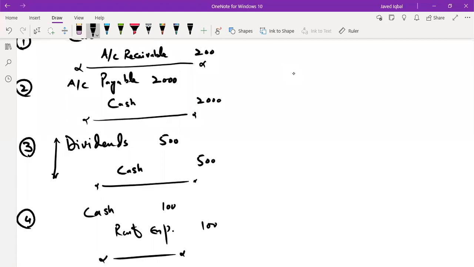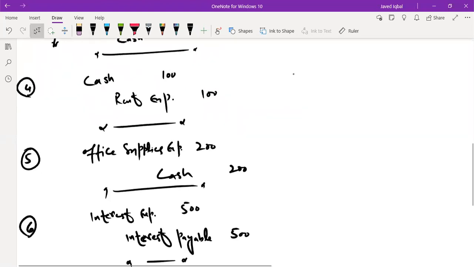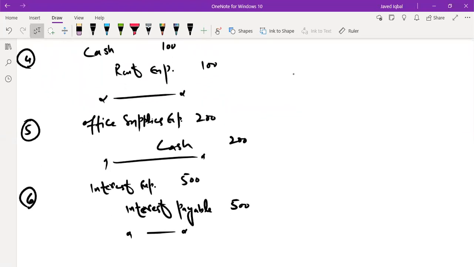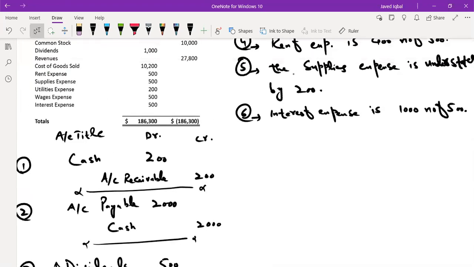Most of the time they are in cash, that is why we put it as cash. Otherwise, we could have written it as dividends payable as well. Same for office supplies, we could have written office supplies payable as well. But we needed certain more information to write them as payables. For the interest, normal behavior is interest payable, not cash. That is why we have written interest payable. So this is all for these 6 transactions.